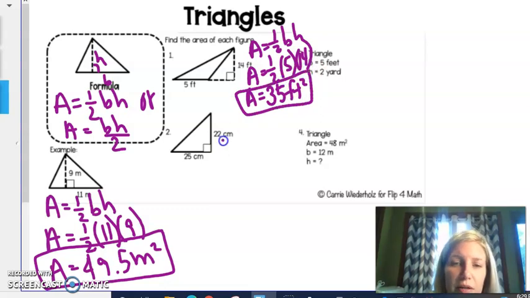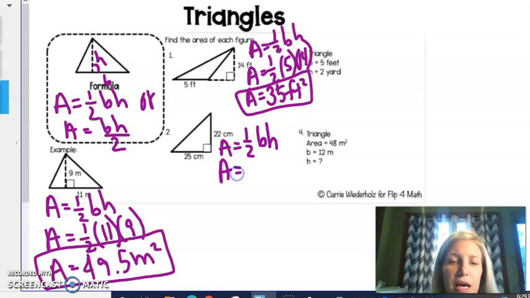Okay, zooming along here, this would be area equals a half times base times height. Area equals a half times 22 times 25.